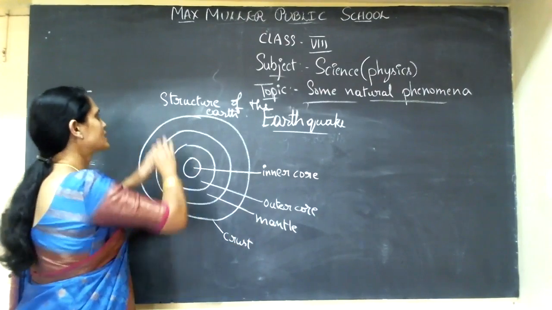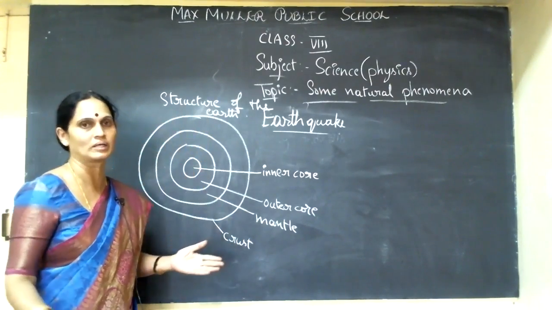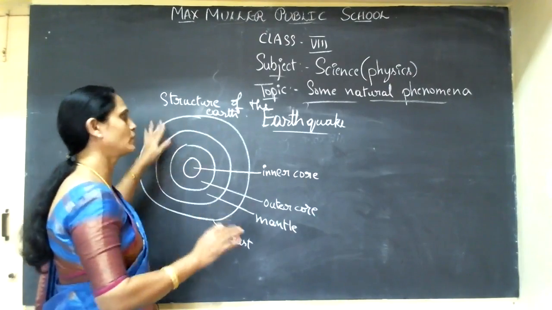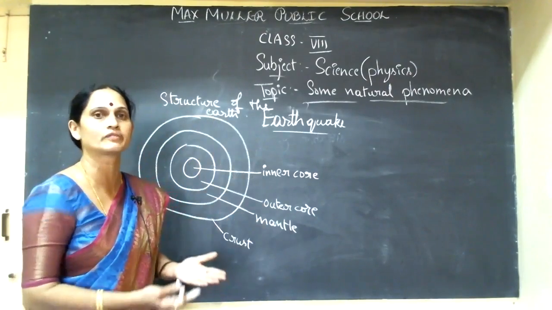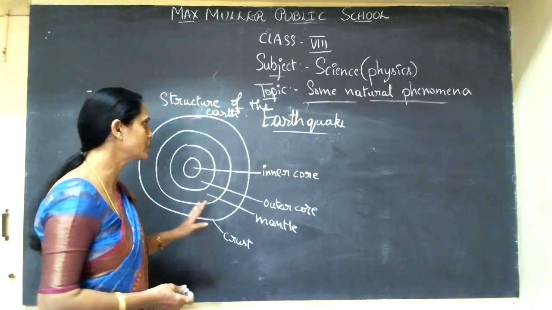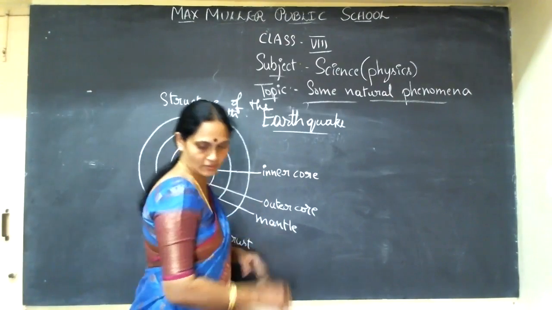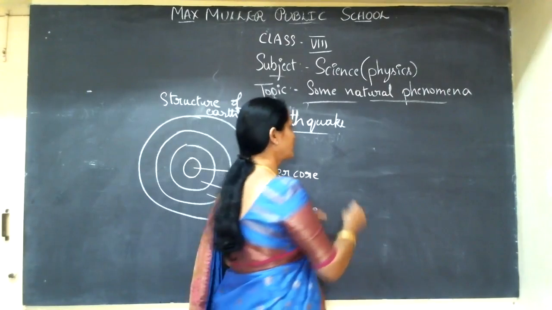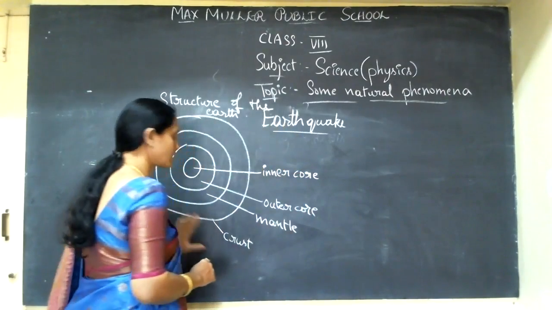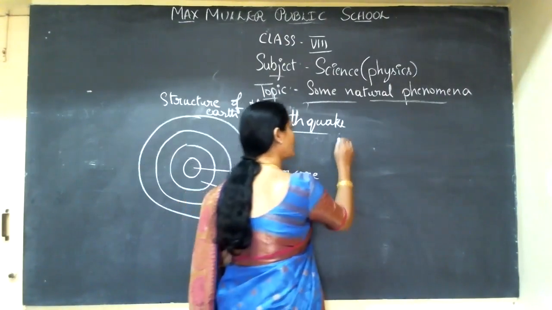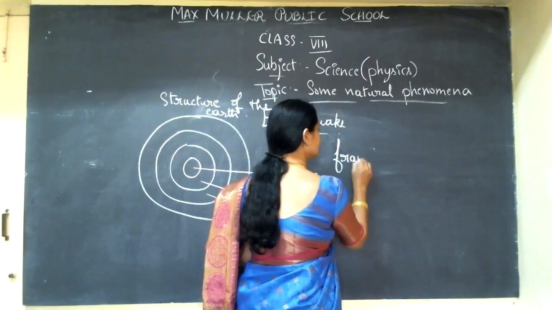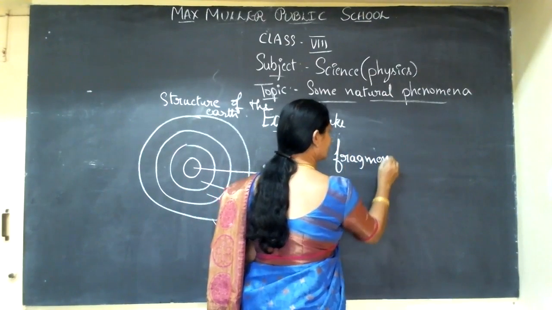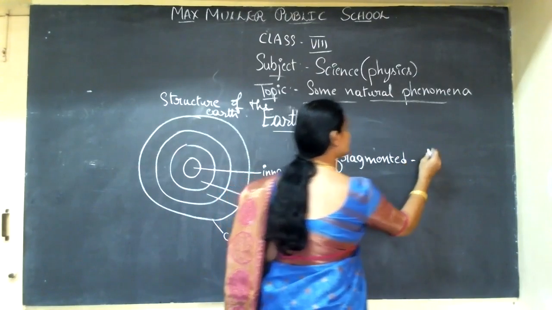We may think the Earth's topmost part is just one layer, almost like a layer of mud and sand. No, children, actually the topmost layer, the crust, is fragmented. Fragmented means it is divided.